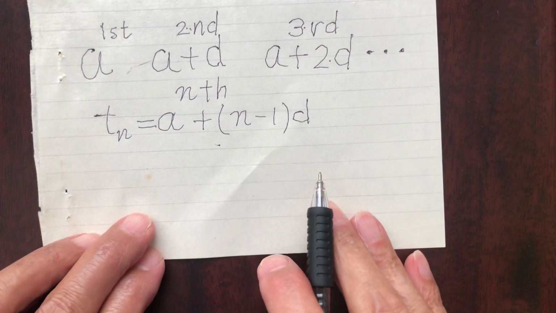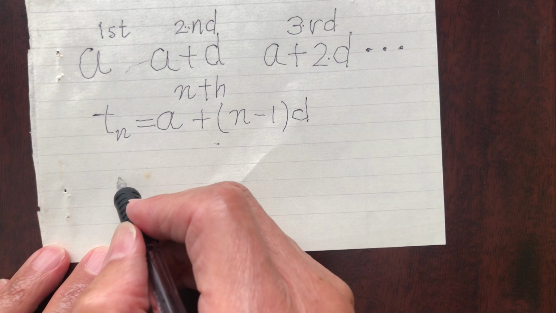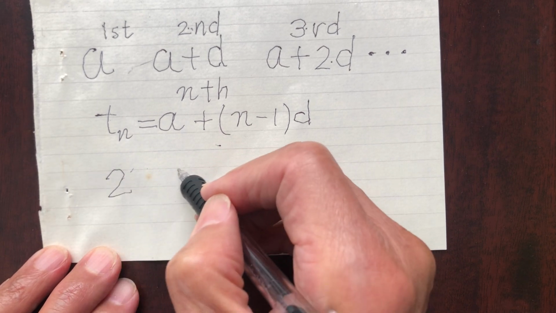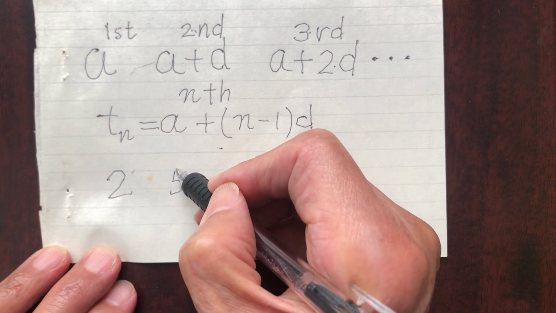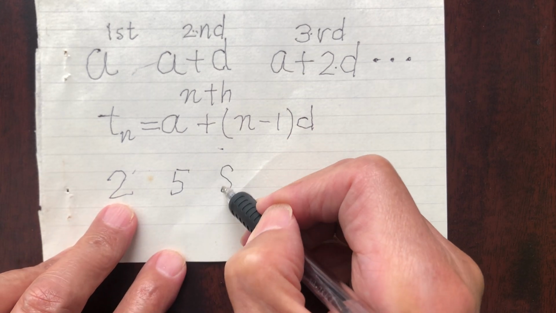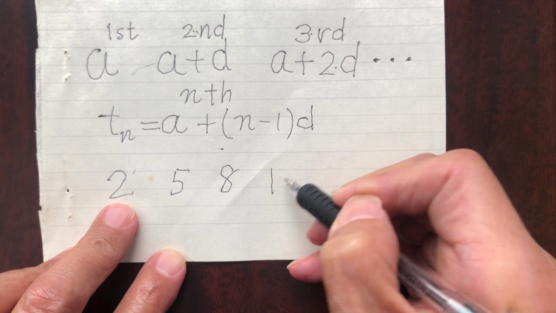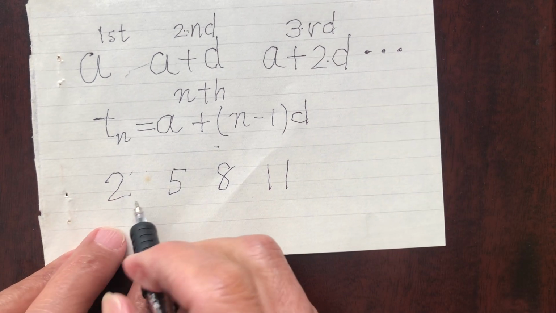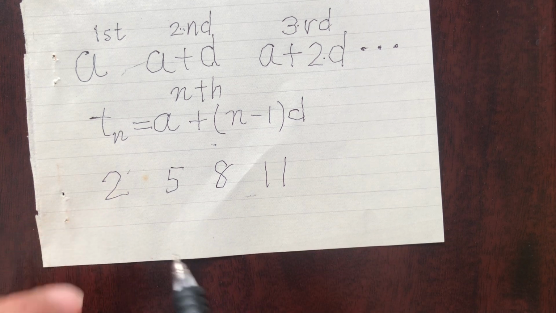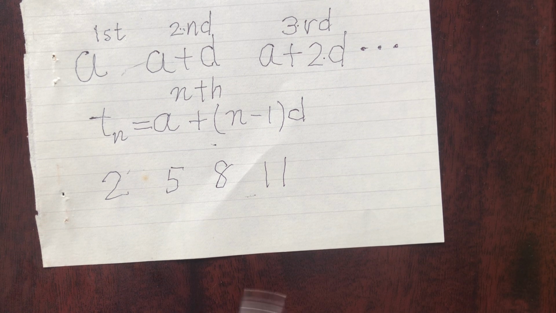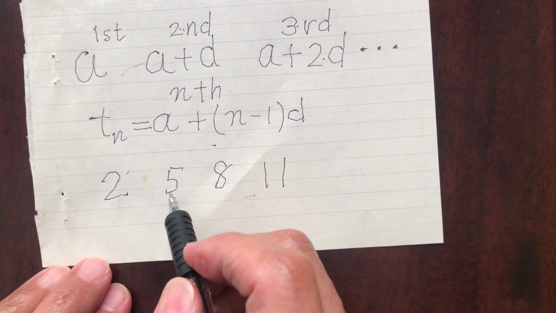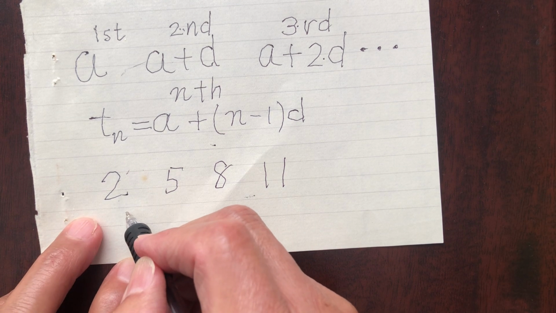Let's have an example. 2, 5, 8, 11. So this is a sequence because this is just a group of numbers. From 2 to 5, you add 3, right?